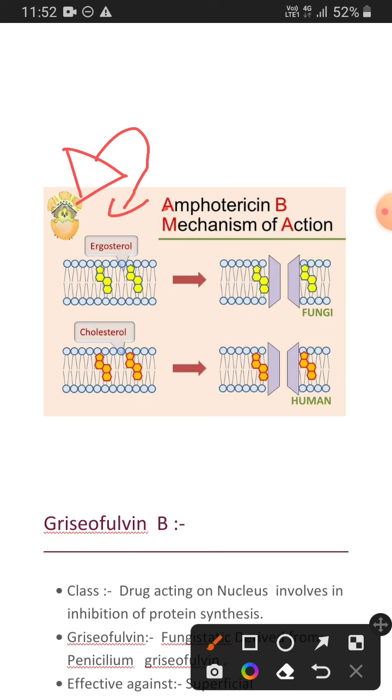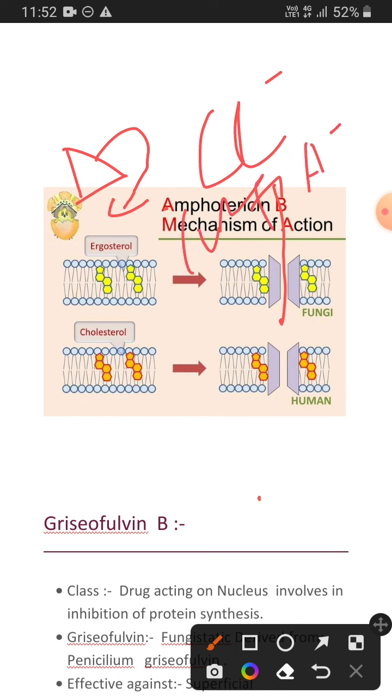Remember that the cell membrane allows selective movement of important ions and molecules. If there is a pore in the cell membrane, ionic imbalance will take place. All the small molecules such as chloride, calcium, hydrogen ions and potassium will leave the cell, which ultimately leads to cell death.